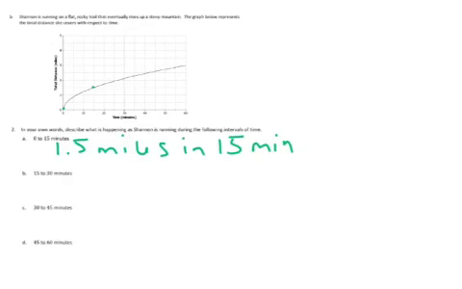So from 15 minutes, which is here, to 30 minutes, which is there, we went from roughly 1.5 to about, I'm going to estimate, about 2.1, which is right there. So we had a 0.6 mile increase in 15 minutes.